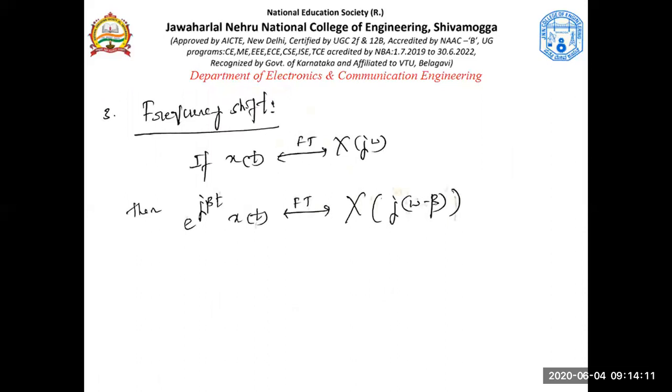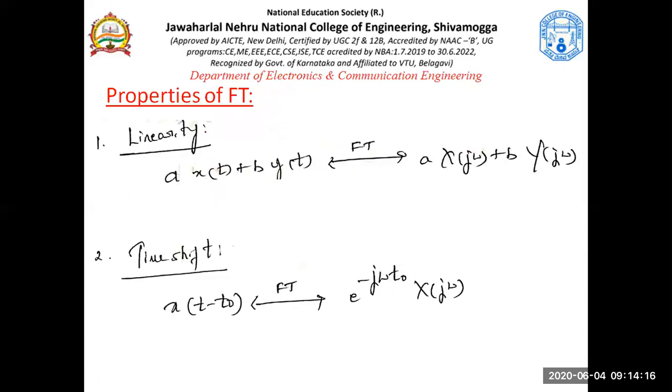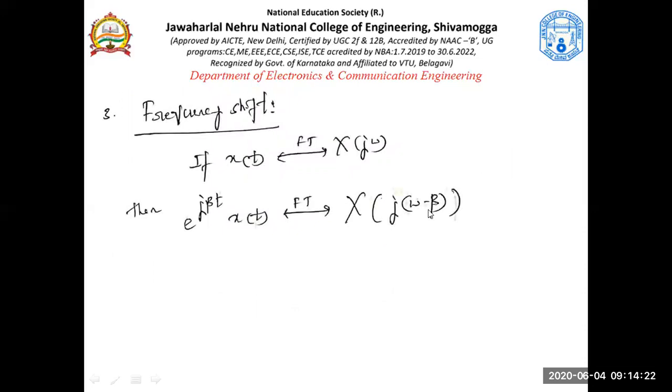The frequency shift. The previous property was time shift, which was in the time domain. The frequency shift has to be in the frequency domain. Omega is the angular frequency, and that angular frequency is being shifted by beta. So there is a shift in angular frequency, that is what frequency shift is. So if there is a frequency shift, that shift should result in an exponential in the time domain.